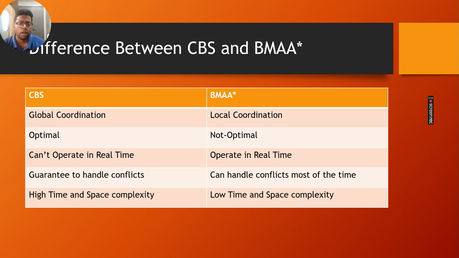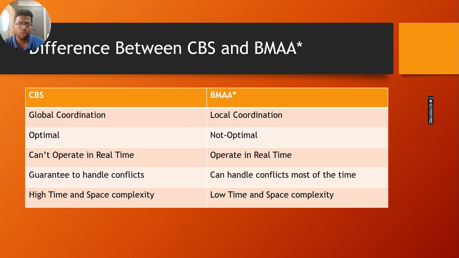So to summarize, there are certain differences between conflict-based search and BMA A-star. Conflict-based search is a global coordination, but BMA A-star only focuses on local coordination. Conflict-based search can find the optimal solution, but BMA A-star does not focus on finding an optimal solution.